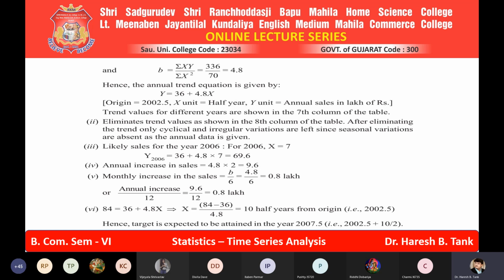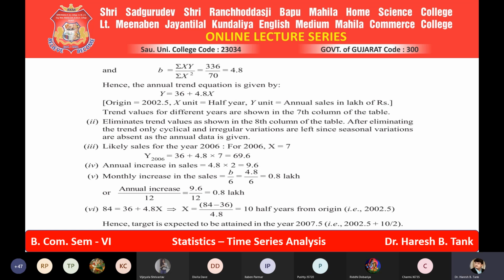Or you can say it otherwise: your value of B is the 6-monthly increase in cells, and you want a monthly increase in cells. 6 monthly is B and you want monthly, so naturally B is to be divided by 6. So 4.8 divided by 6 will give you the monthly increase in cells, which is 0.8.